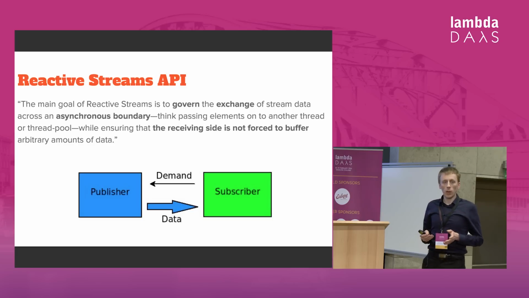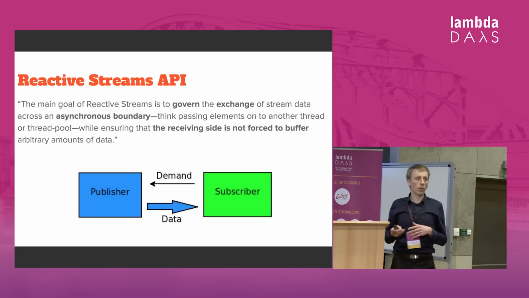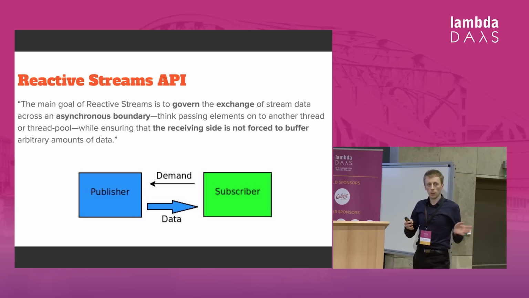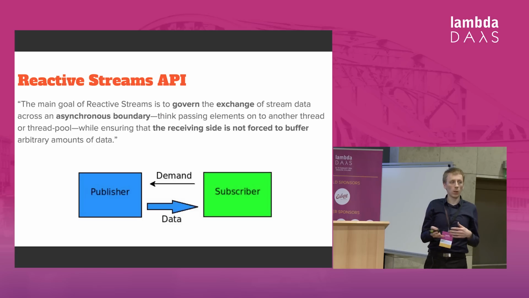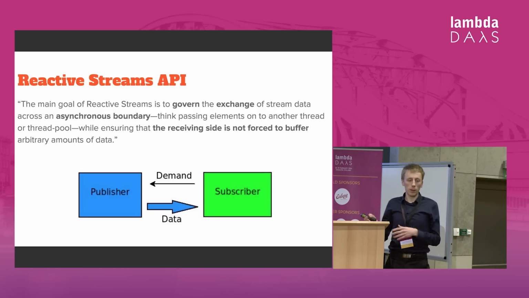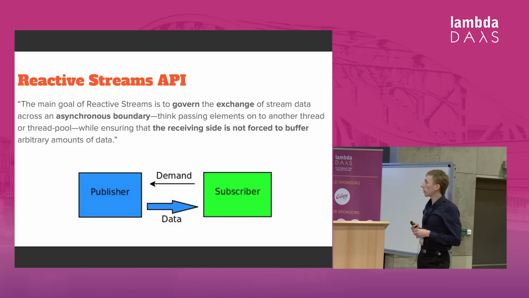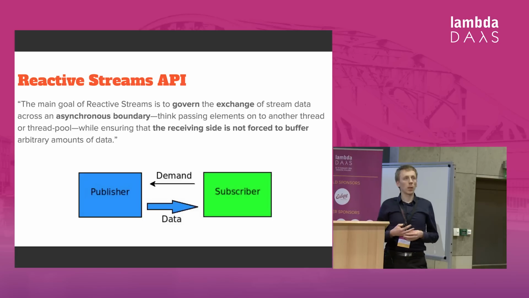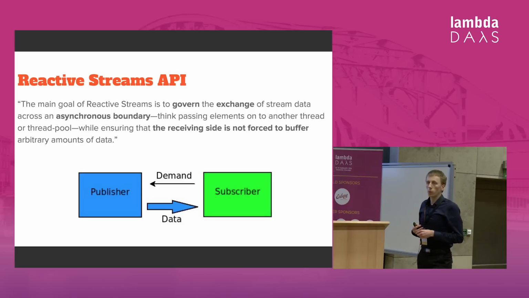To my best knowledge, reactive streams originated from graphical UI systems that were used to describe how user events propagate in the system. But the contemporary understanding is that it's a way of describing asynchronous communication in a distributed system.